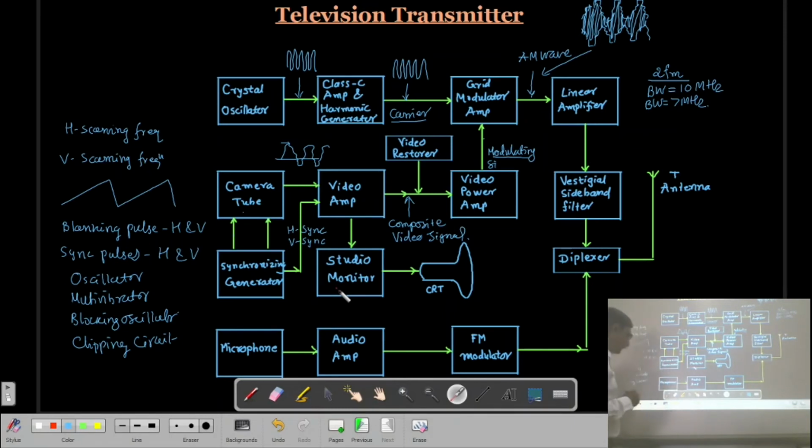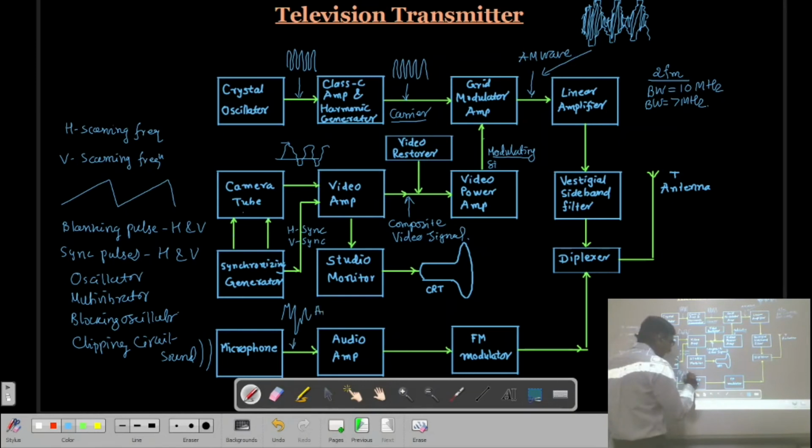Now the other information in the television is the sound information. First of all, whatever the sound is, it is converted into an electrical signal through a microphone. So here we have this electrical signal which is known as an audio signal.